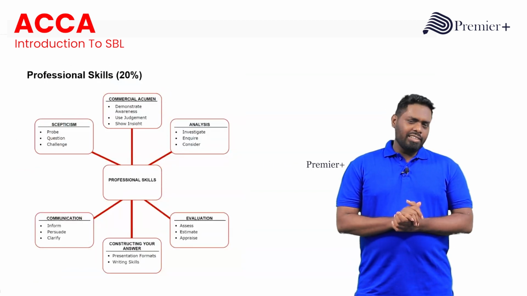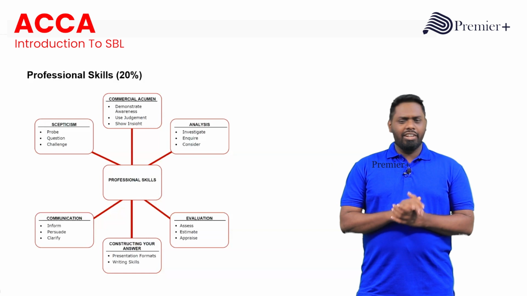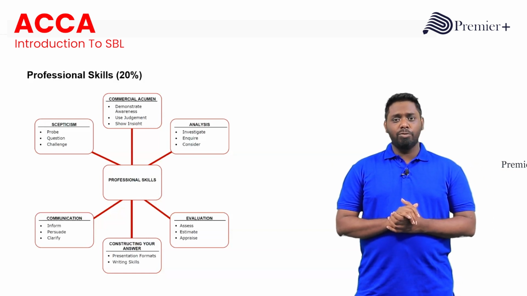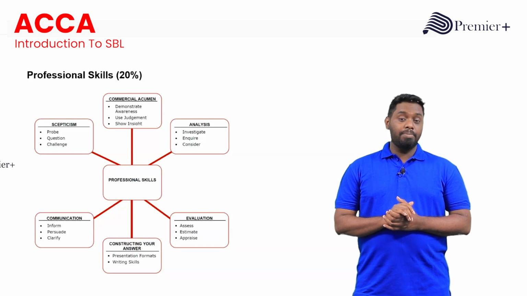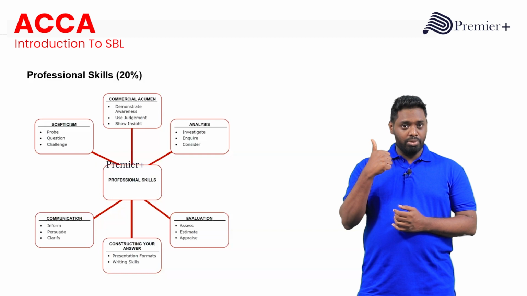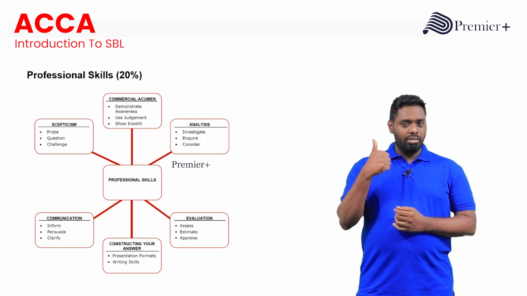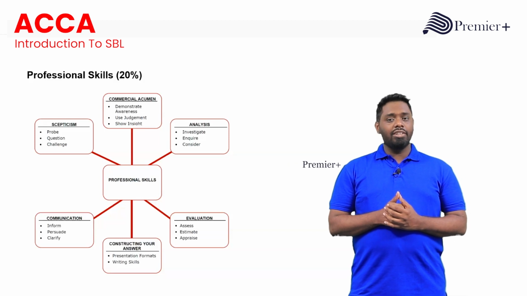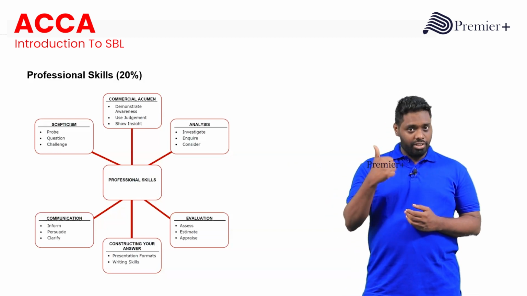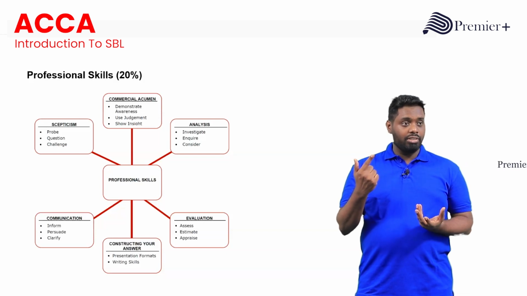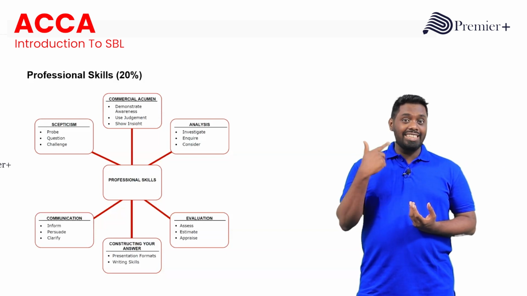Now, these are the 6 branches that are categorized by the examiner on the different skills that the examiner wants you to display in the exam. We discussed commercial acumen, business acumen. This shows how practical you are. Under this category, they might ask you to demonstrate awareness, use judgment that is very suitable, very practical, and also tests your insight.